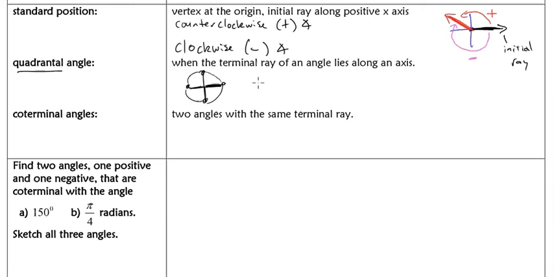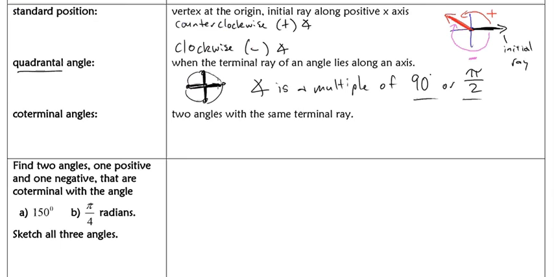So you're going to have that when your angle measure is a multiple of 90 degrees or pi divided by 2 radians. Remember, these are really equivalent. 90 degrees is pi divided by 2 radians. And so you'll have that when they're landing right on your axes.